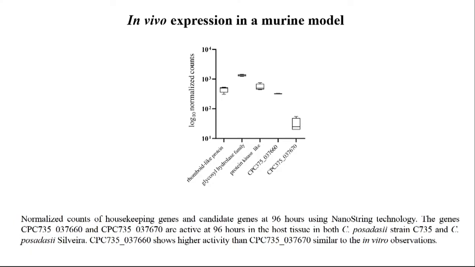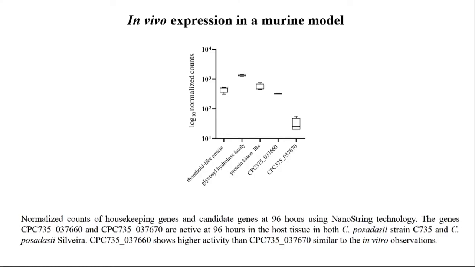And what we observed in vivo is that, again, some control genes in those first sets of panels, and then the CP37 660 and 670.